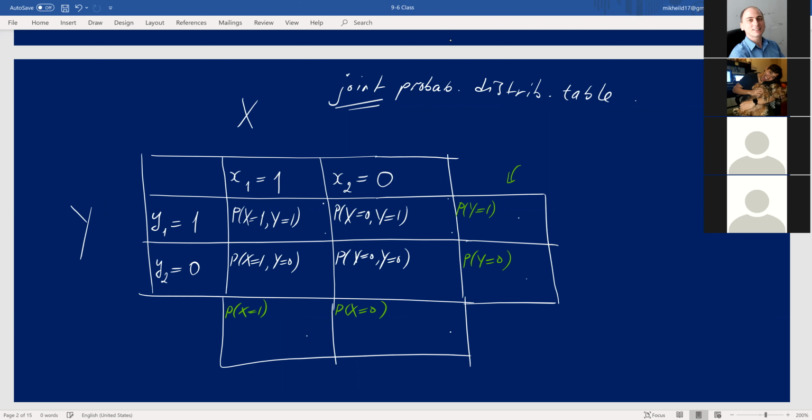So here and here we have marginal probabilities. And inside we have joint probabilities.